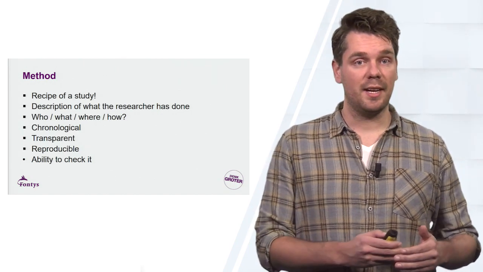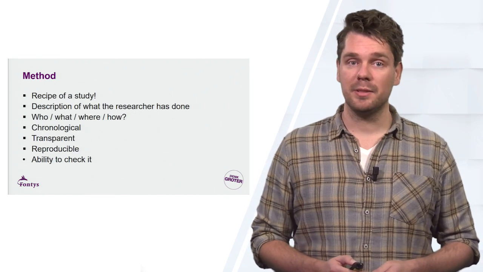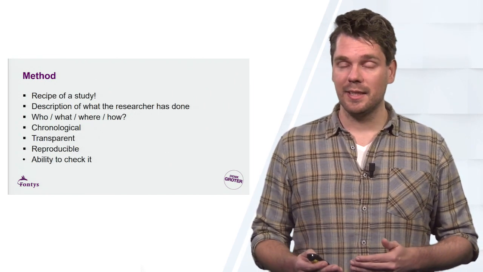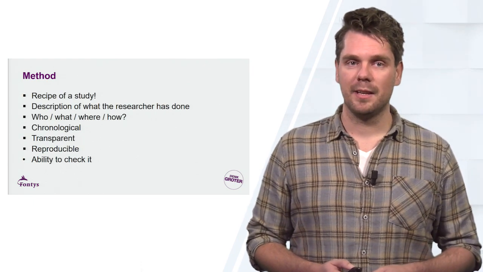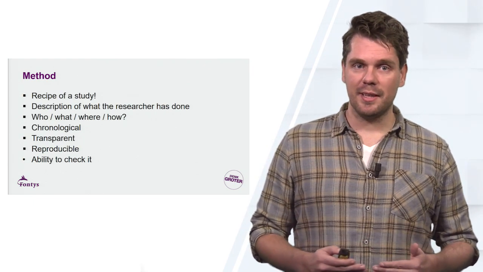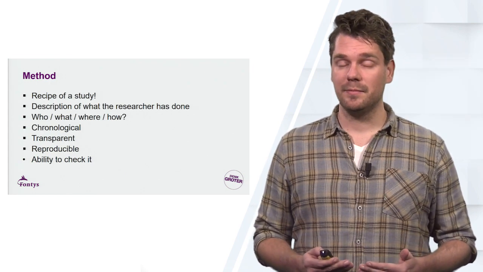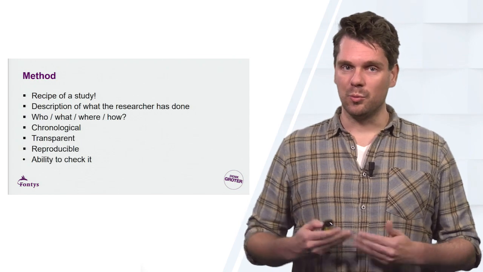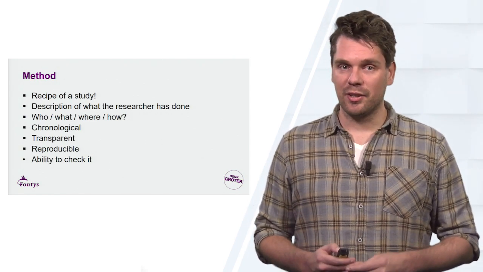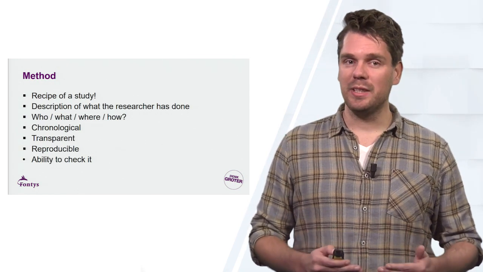For instance, first there's the recruitment of participants, then there's the testing, and then there's the data analysis, and not the other way around. So it's a very transparent and reproducible chapter where somebody who is not involved in the study should be able to read the method section and conduct the exact same research.